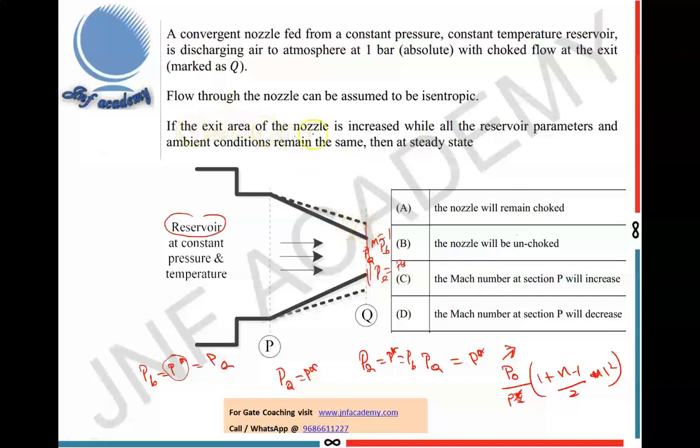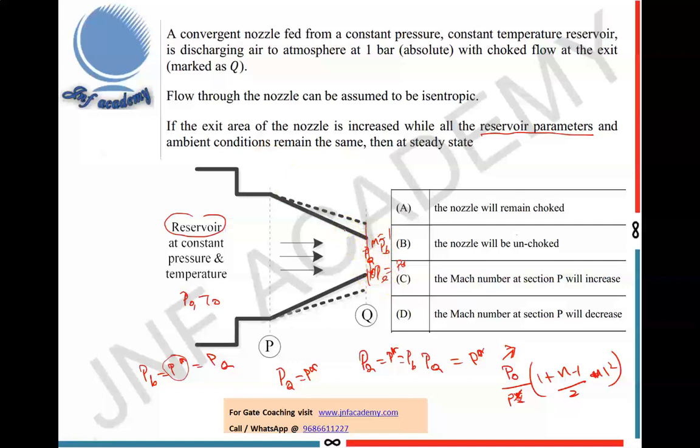If the exit area of the nozzle is increased while all the reservoir parameters and the ambient condition remain the same. I am taking these things very seriously because the reservoir conditions are the same, which is nothing but your P naught and T naught, and the ambient condition is also the same. Ambient condition is nothing but your exit pressure or something like that. Okay, the pressure at this discharge place is the same.